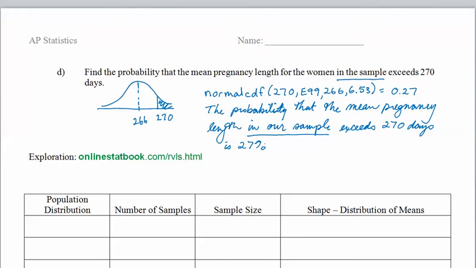Okay, so that, as you can see, is different. For the total population, the probability that a randomly chosen woman has a pregnancy over 270 days was 40%. That the mean of our sample is over 270 is only 27%. So we're looking at two different things here.